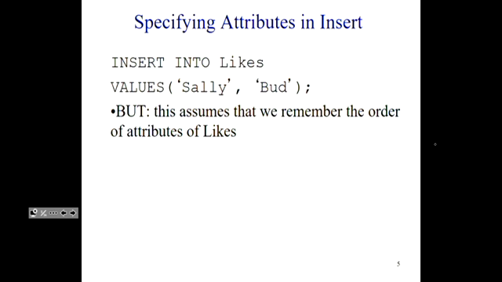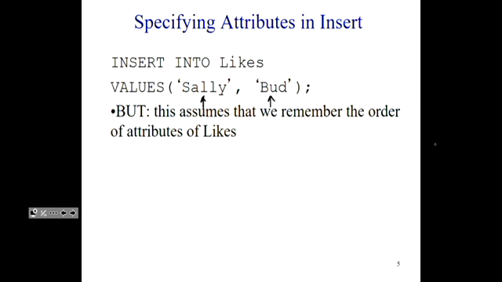So one simple modification of this statement is that here we've not specified which attribute Sally belongs to and which attribute Bud belongs to. If we don't remember the order in which we listed the attributes when we defined the relation, then this could lead to problems.